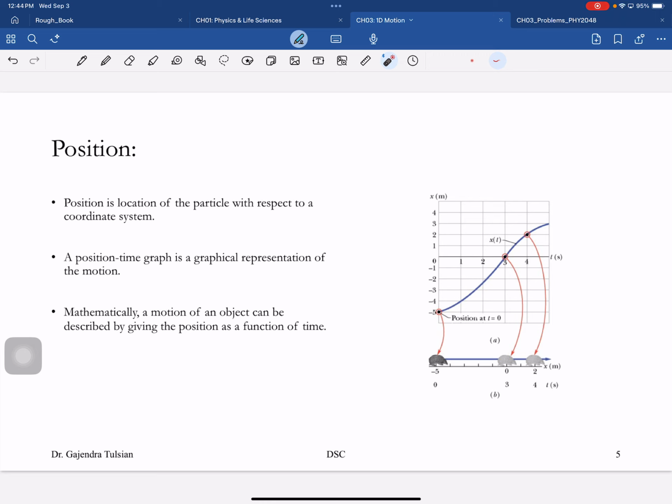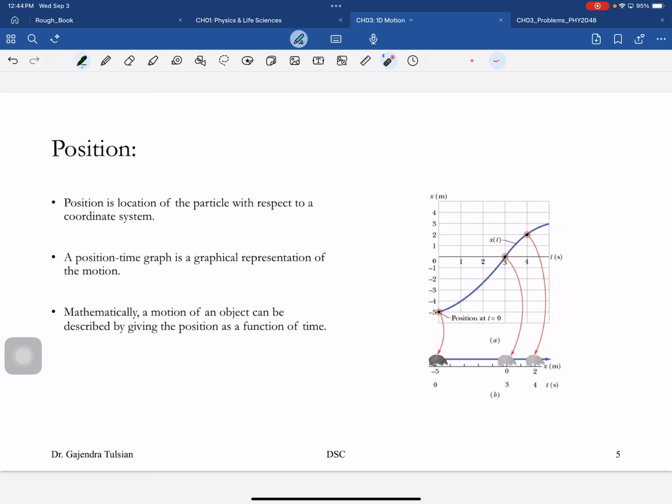Every town will have an x and y coordinate system and an origin. In Daytona Beach, I guess ISB is the x-axis and Clyde Morris is the y-axis. So position is the location of the particle with respect to a coordinate system. A position-time graph is a graphical representation of the motion.